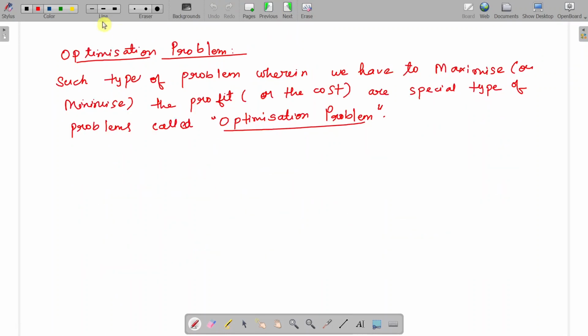Okay, so the mathematical formulation of the problem.